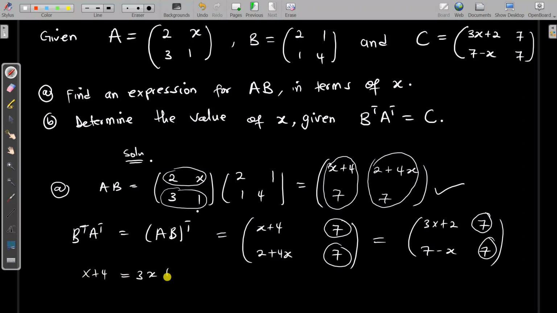You can pick any of them and solve for x. So if I bring this 3x to the other side, I'm going to have negative 2x equals 2 minus 4. That's going to be negative 2, and in this case x will be equal to 1. So the value of x in this problem is 1.